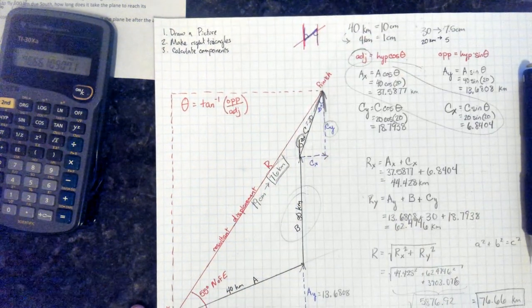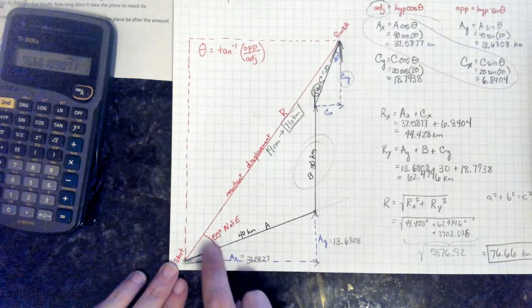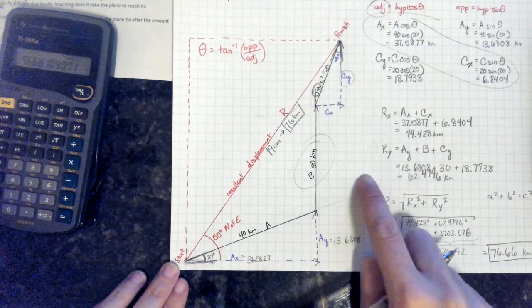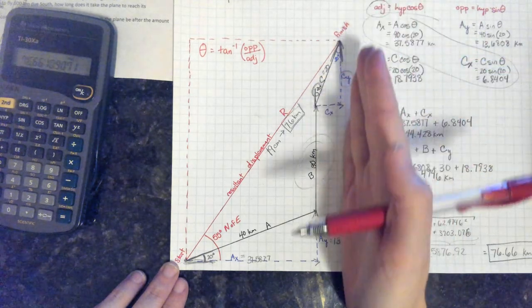If you're measuring the angle from the horizontal, the opposite side is the y side.